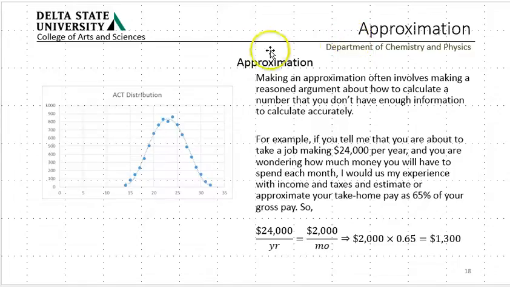Approximations. A lot of times you will see me at the front of the class, when we're solving problems, doing approximations to try and get to the answer without having to use a calculator. Real physicists do approximations all the time when they're just trying to work through something and don't have a good calculator at hand.